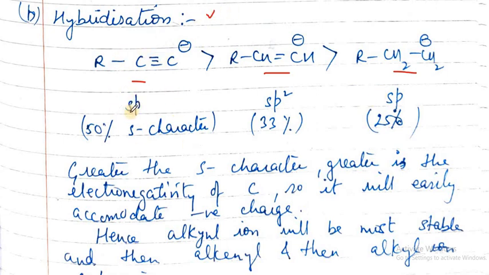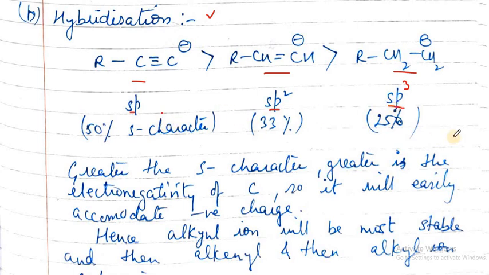Triple bond means sp hybridization, double bond means sp2 hybridization, single bond means sp3 hybridization. In sp, the s and p characters are 50%, in sp2 the s character is 33%, only a third, and in sp3 it is only 25%.